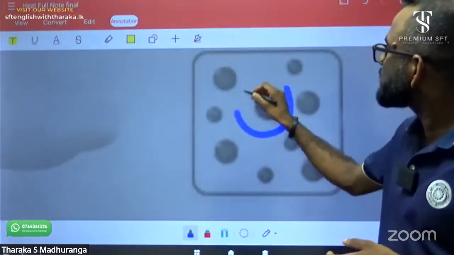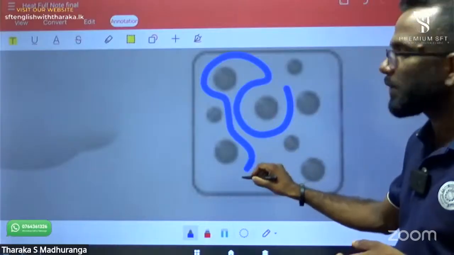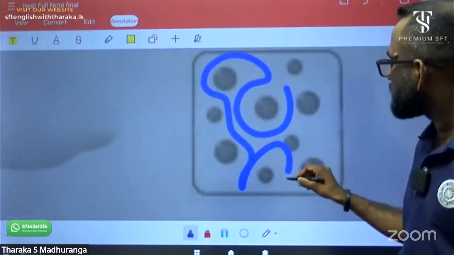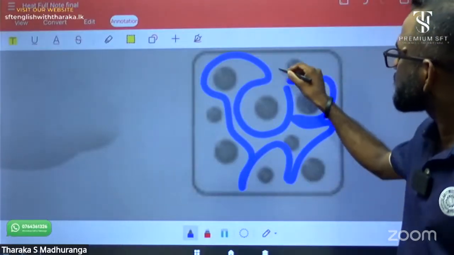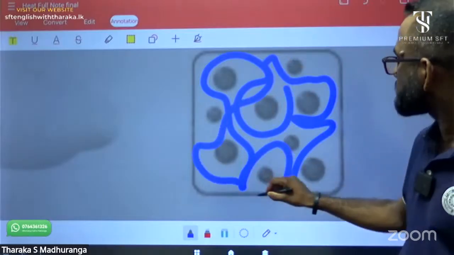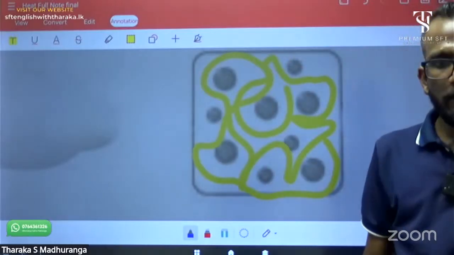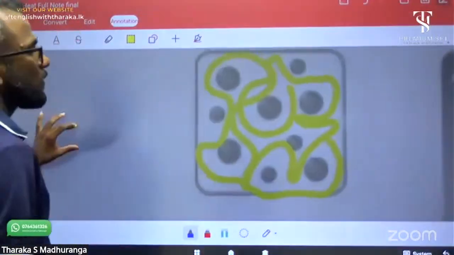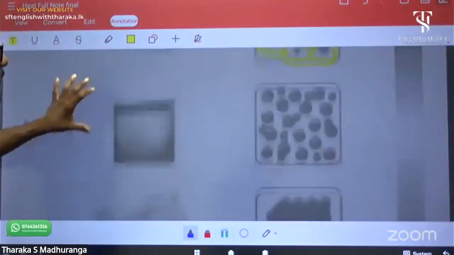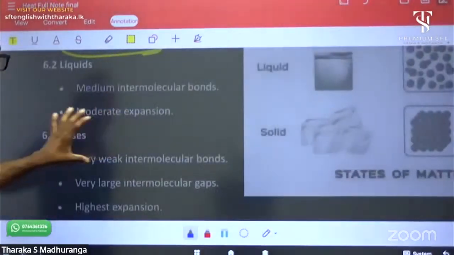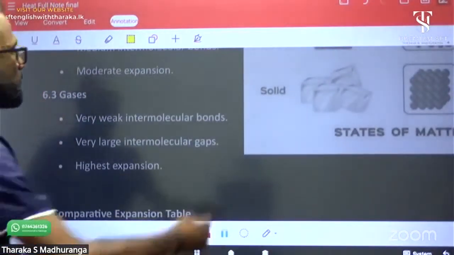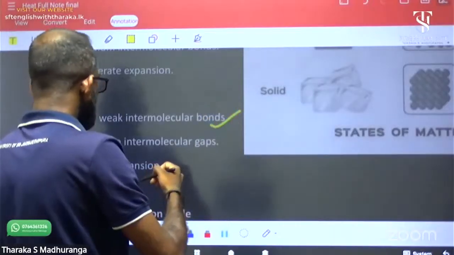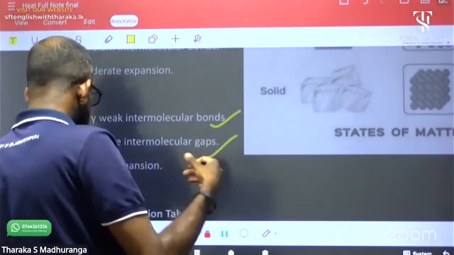They have huge intermolecular spaces. Very weak intermolecular bonds and very large intermolecular spaces, gaps.